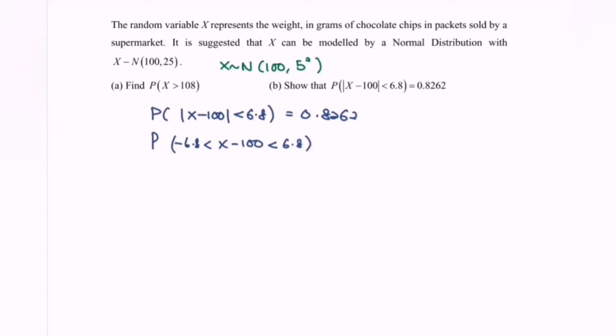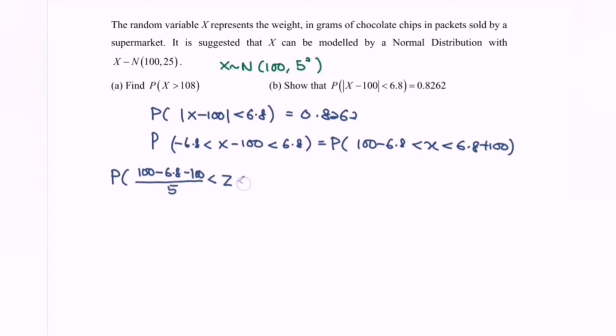So simplify the situation: 100 minus 6.8, and 6.8 plus 100. Next is to standardize the situation, where the probability that z is greater than (100 minus 6.8 minus the mean) over the standard deviation, and less than (100 plus 6.8 minus 100) over 5.